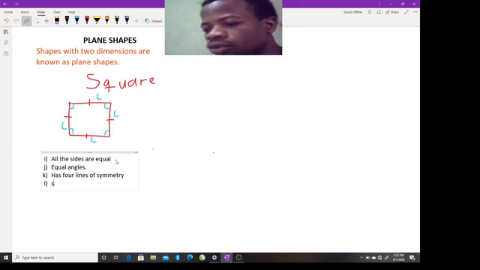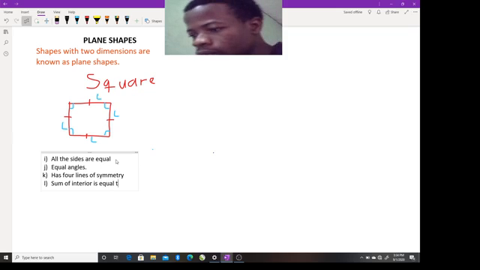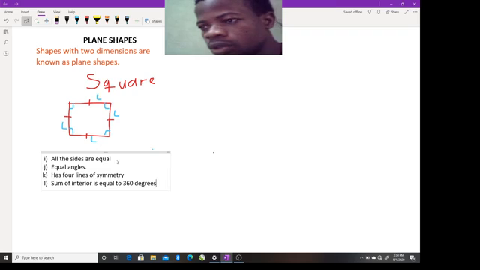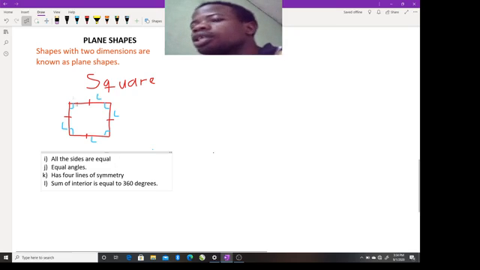Sum of interior angles is equal to 360 degrees, since each is 90: 90, 90, 90, 90. So that's why the sum of angles is 360 degrees.